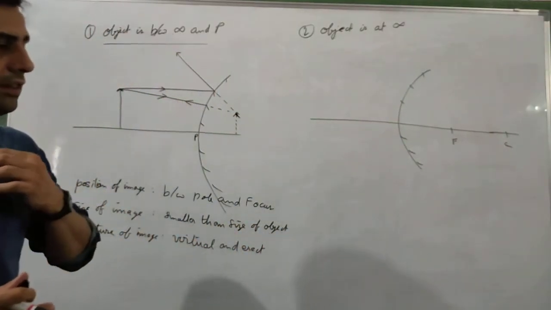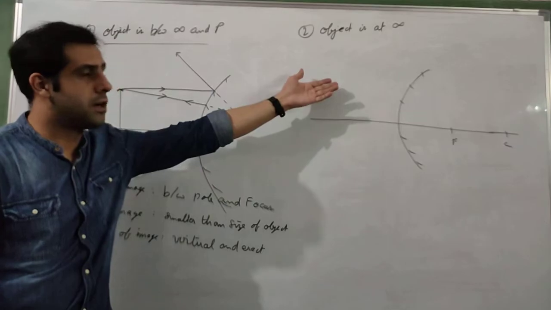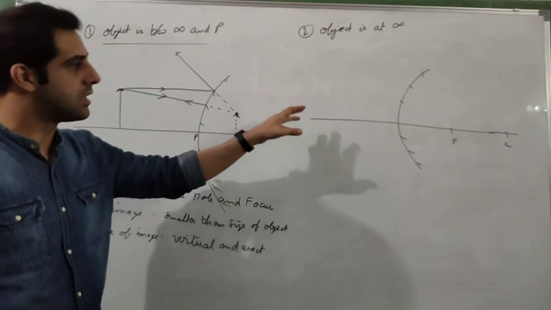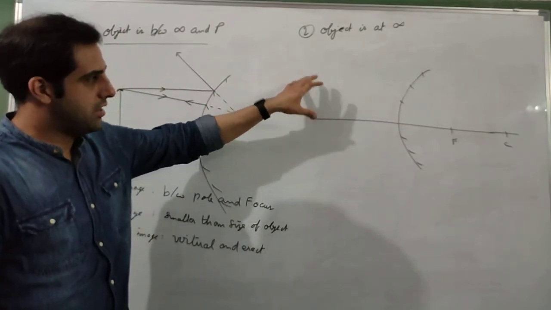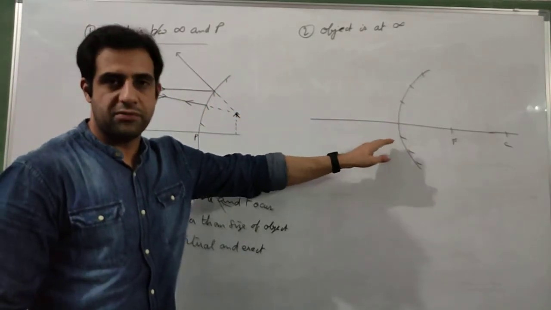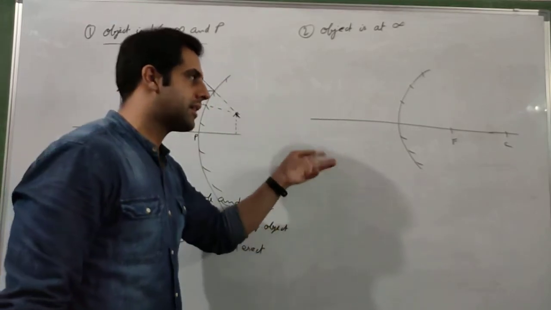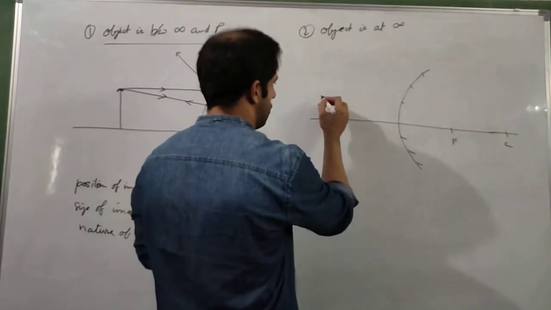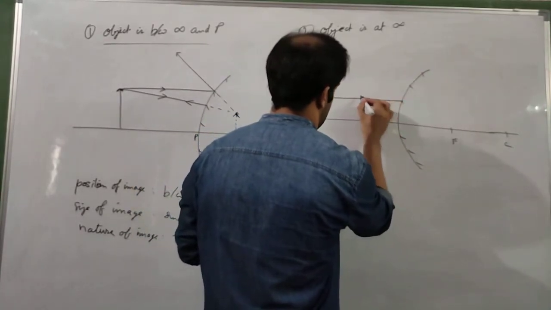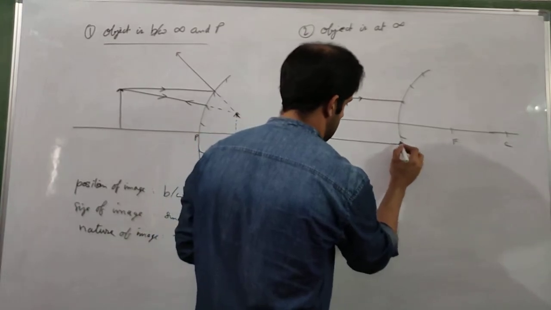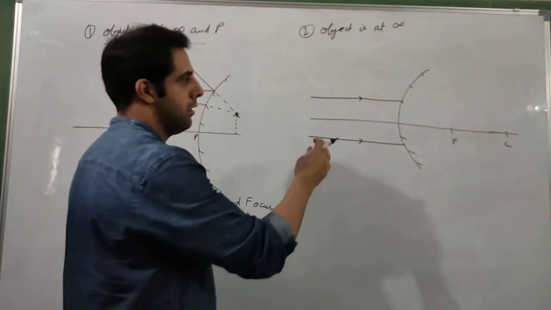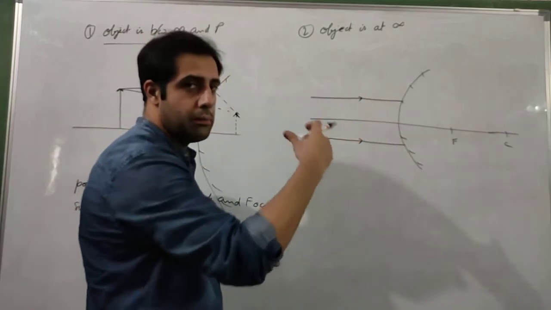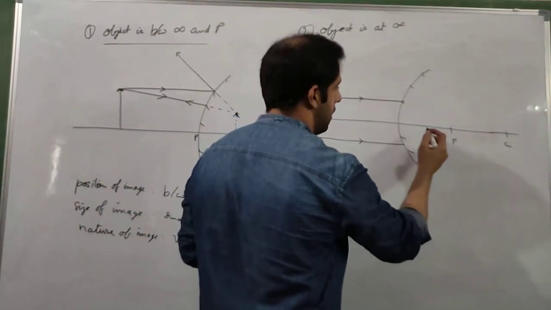Now in the concave mirror also, for this particular case, when the object is at infinity, we took two rays which were parallel to the principal axis. In this very same condition, when we have a convex mirror, those same two parallel rays can be taken again and they will be sufficient to make the image. So two parallel rays coming from an object which is at infinity, what will happen? First rule, they will be reflected in such a way that it would appear that they are coming from the focus.